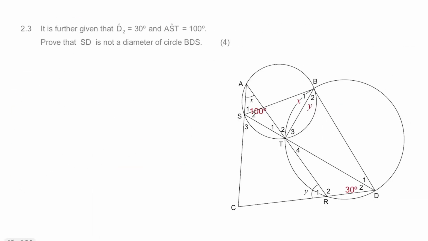Okay, so if we update our sketch, which is neatly done on this page, we can see that there's a very strong possibility we're going to use both the 30 degrees and the 100 degrees, because they wouldn't have bothered to give them to us if we didn't need them. What we are trying to do is find the size of x plus y. So it feels a little bit strange to be working away from what we're trying to find, but we have to work with what we know towards what we want to find.